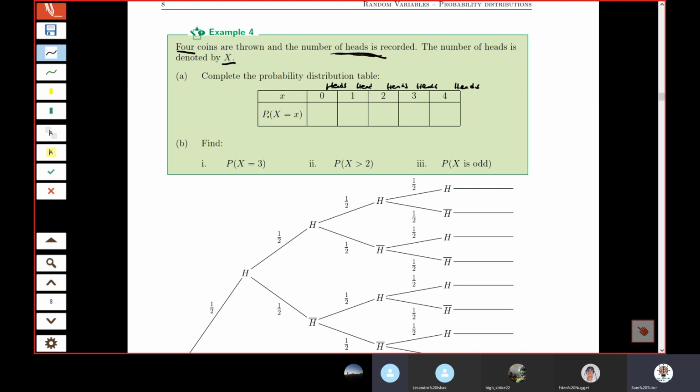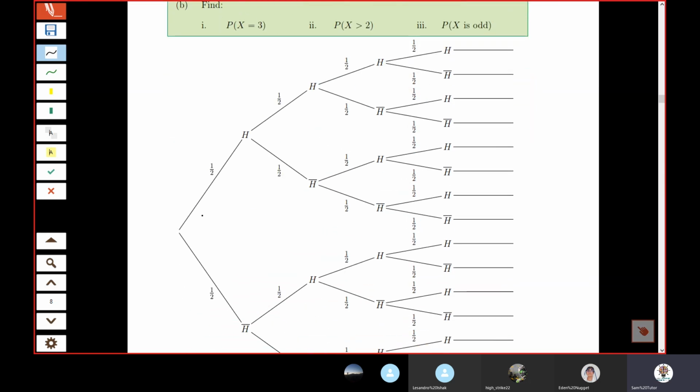Good. Then we're always going to have probability. So usually you used to have y. You don't have y. You've got the probability that x equals x, which means the probability that x equals 0 or 1 or 2 or 3. And what we've got to first do is work out this experiment. 4 coins. There it is. You could have had a head or a tail, so not a head. And then if first coin, second coin could have been head or a tail, and so on.